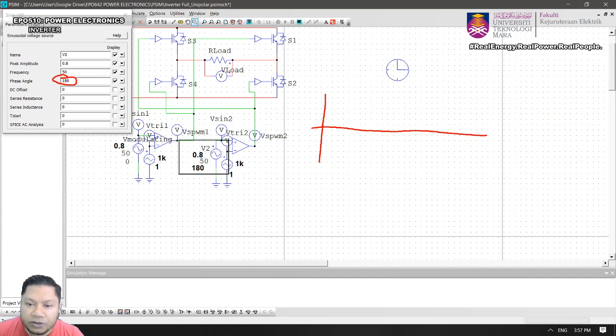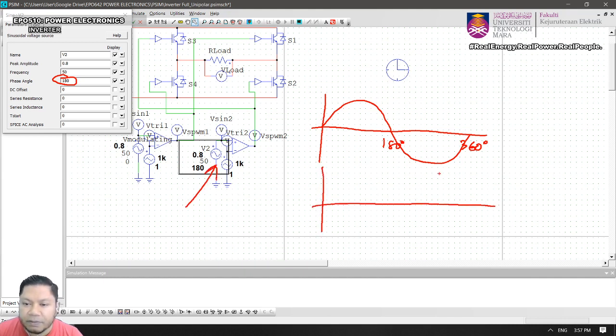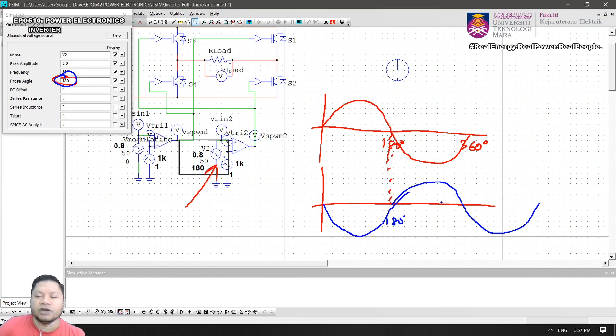Comparator 1 has a normal sinusoidal signal, 0 to 180 degree, and this is 360 degree. But for the second comparator, you delay this waveform by 180 degrees, so you have an inverted version for comparator number 2.